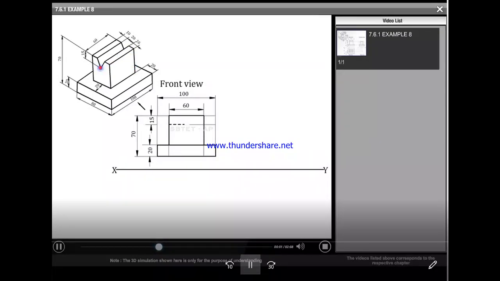The V groove is hidden and hence it should be shown by a dotted line.